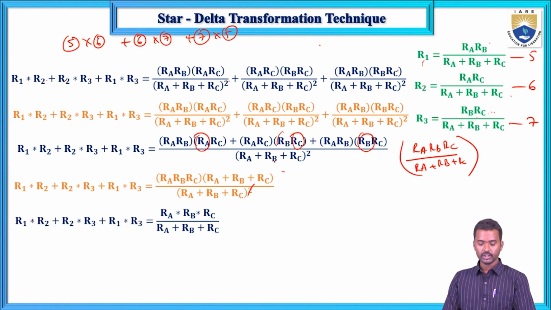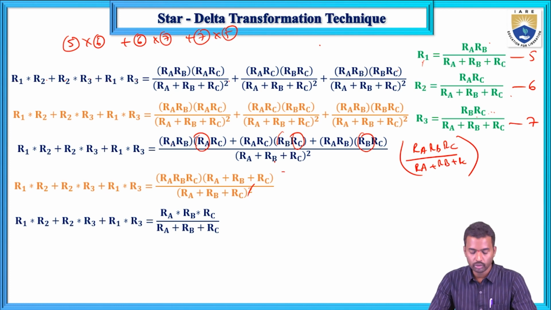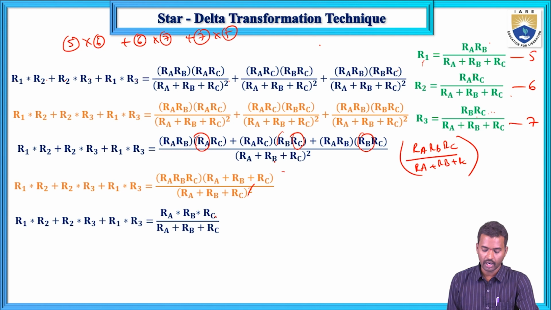Now the final one is R1 into R2 plus R2 into R3 plus R3 into R1 equals RA RB RC divided by RA plus RB plus RC. Now what is the formula for RA RB?